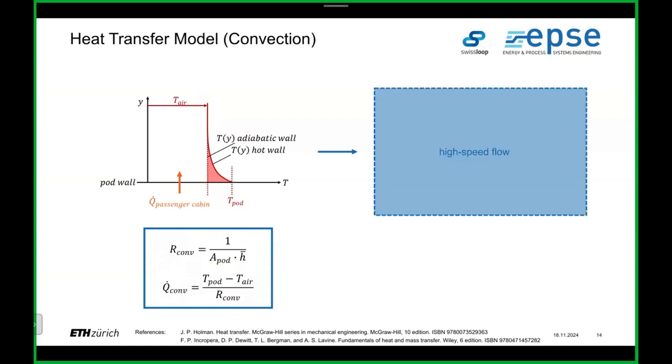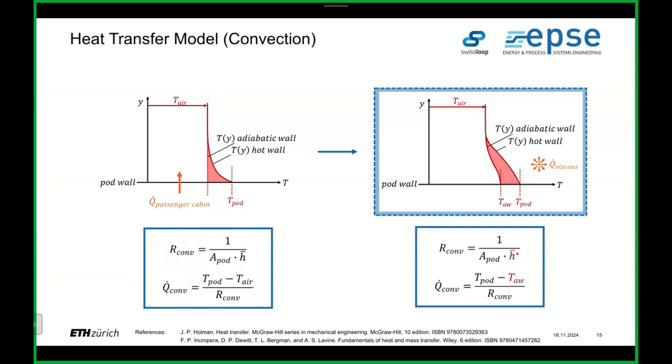But now, in the case of the Hyperloop, we have high-speed flow, and there it's a bit different. So here you can see the temperature curve is shifted to the right side.